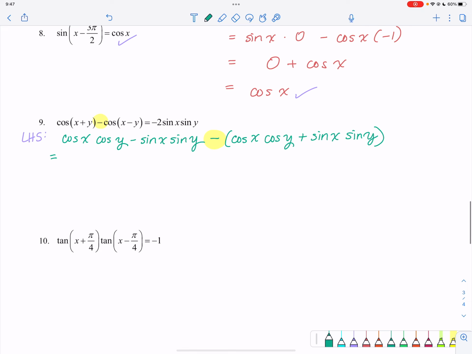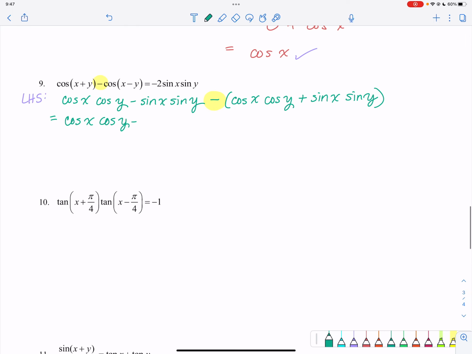So let's go ahead and distribute that negative. I'm just rewriting. So minus cosine x, cosine y, minus sine of x, sine of y. And as you can see here, these terms will cancel, and we actually have two identical terms.